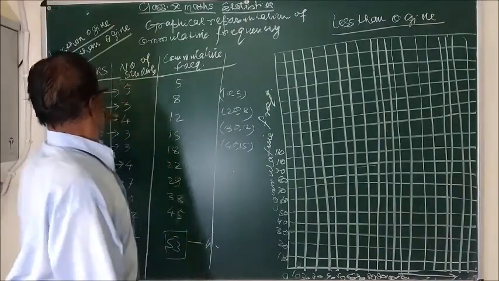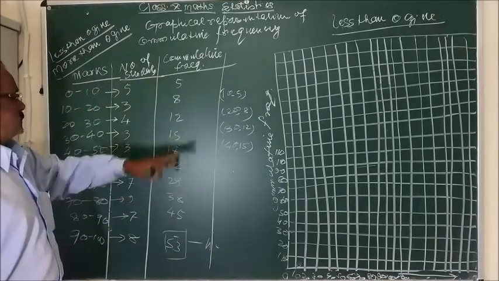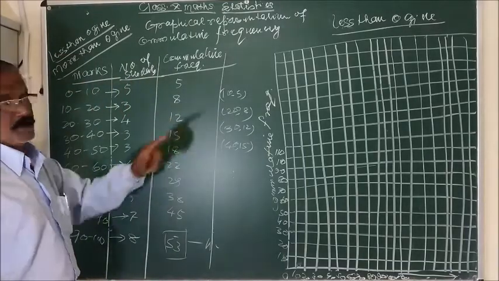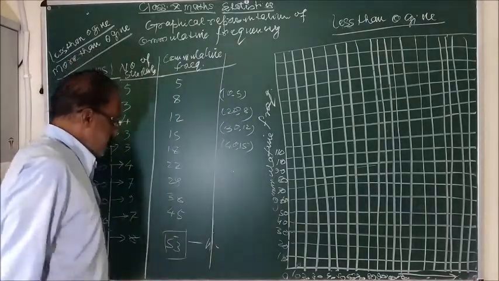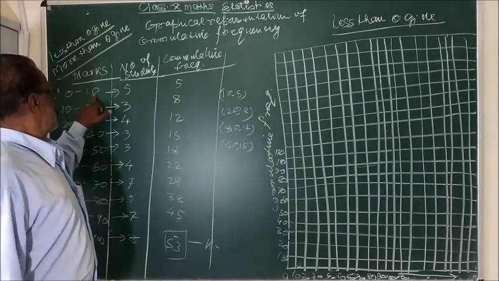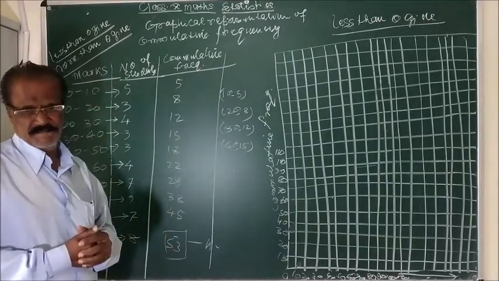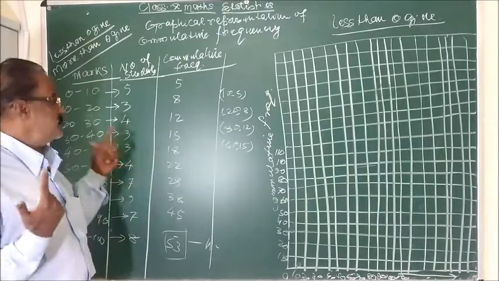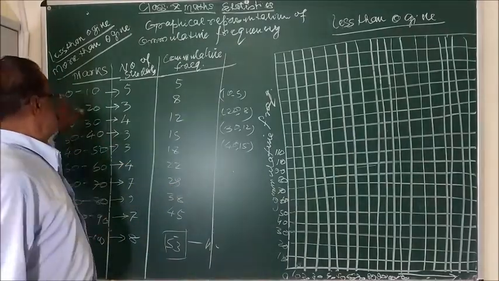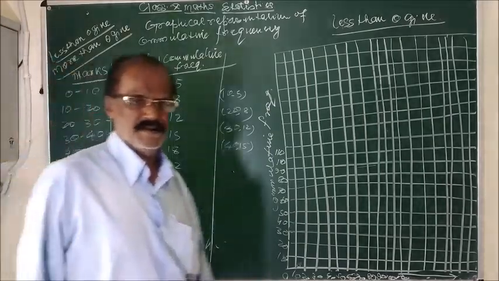Now you observe this table, and now we have to represent this cumulative frequency distribution in this graph. We take the upper limit of this class interval on the x-axis. Upper limit, lower limit, you might have learned. 0, 10: 0 is the lower limit, 10 is the upper limit.